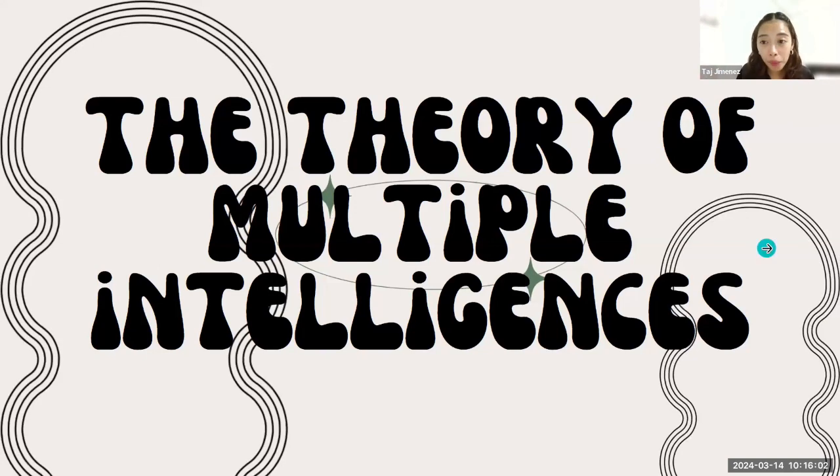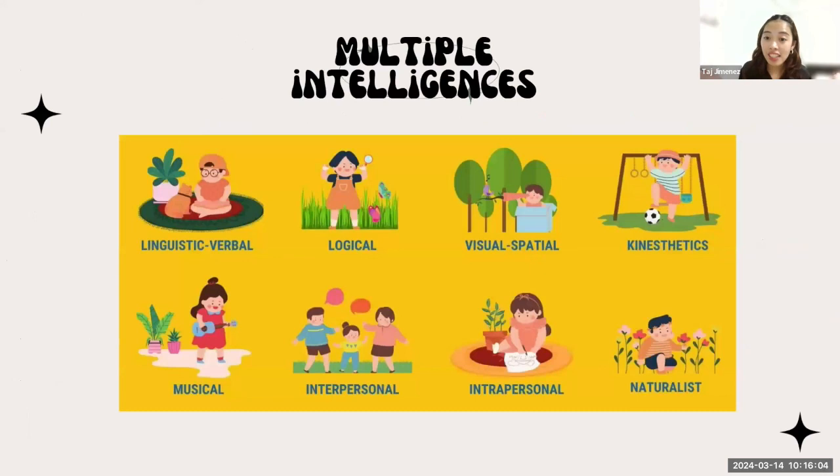So, for example, multiple intelligences include these eight strands. There are children who learn best by doing, bodily kinesthetic. Bodily kinesthetic means where they're moving.